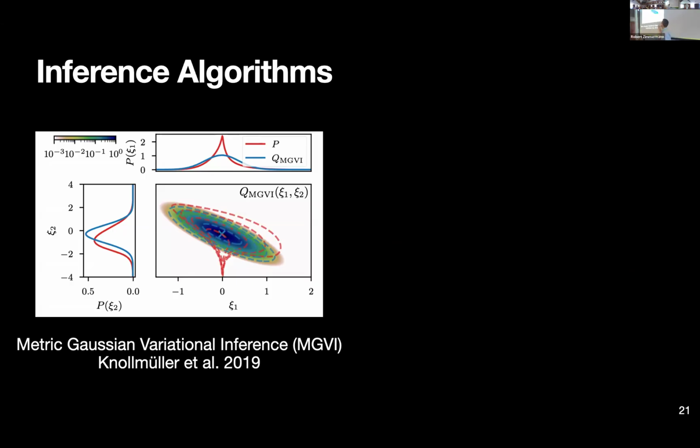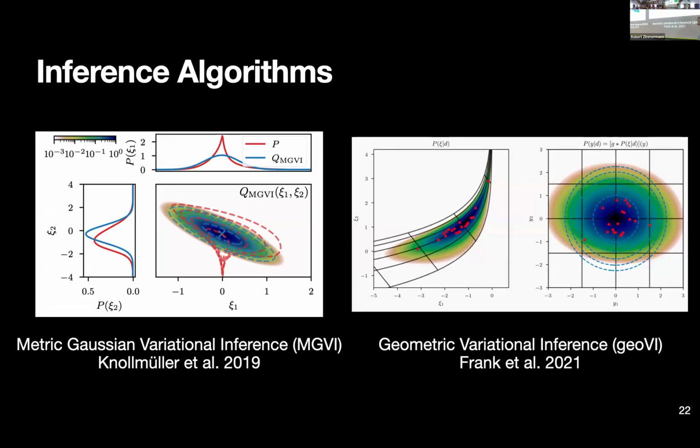But of course, you see it's not a perfect match, it has its limits, which is why there's also a second one, which is geometric variational inference, short GVI, which goes further and actually does a parameter transformation from the space in which you have your posterior to a space where the posterior looks more Gaussian-like, and then it fits a Gaussian in this space to then be able, through the backward transformation, to represent this posterior much better than with the other one.